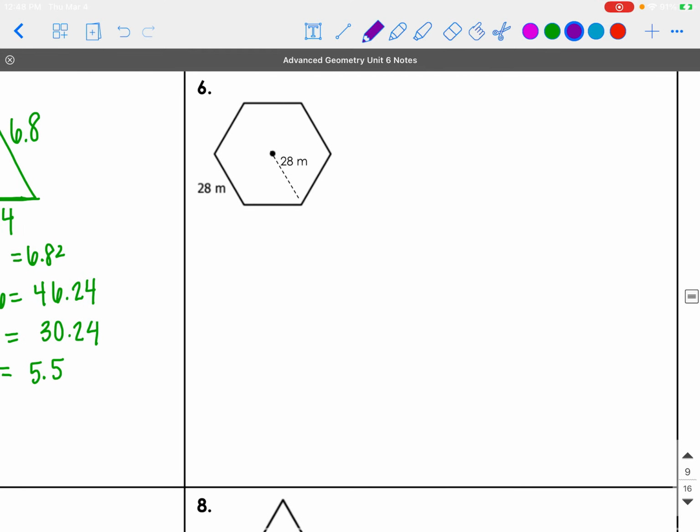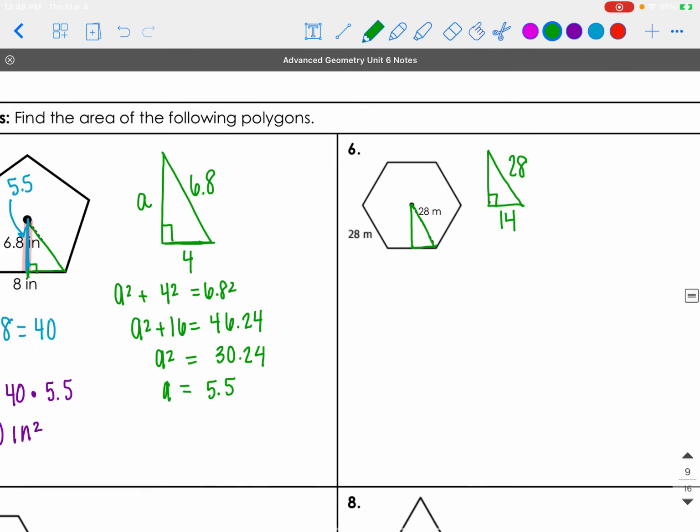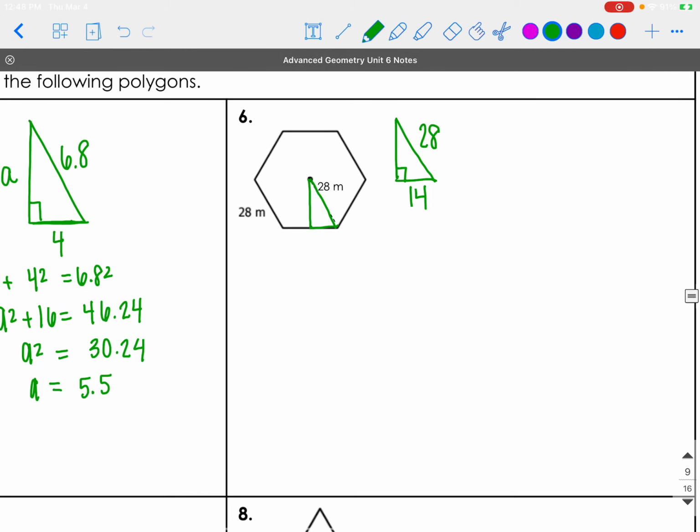Number 6 is very similar. So we can make a triangle. My hypotenuse is 28. The whole side is 28 as well. So half of that would be 14. And so then I'm left with my apothem.